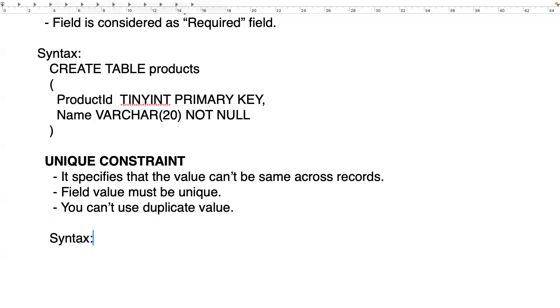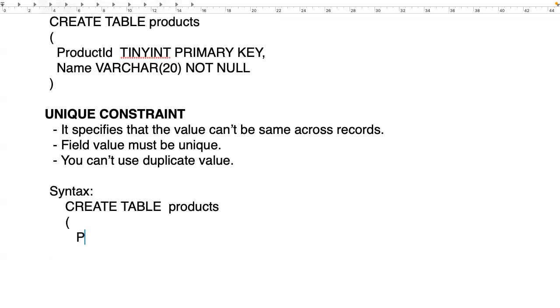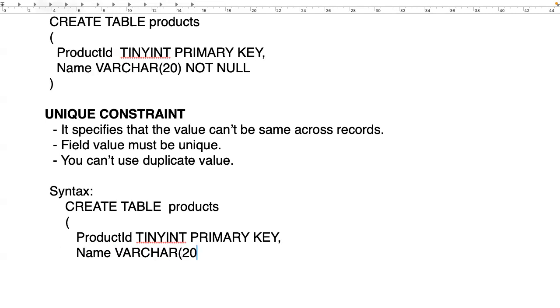Syntax same. Create table products. Primary key, and here name, some not null, another one.